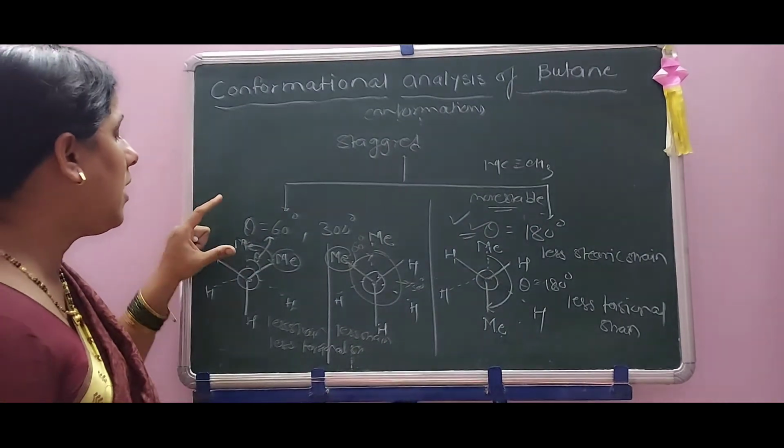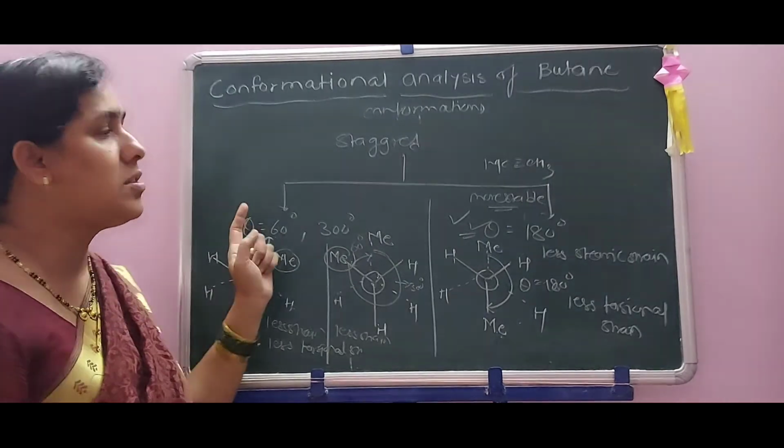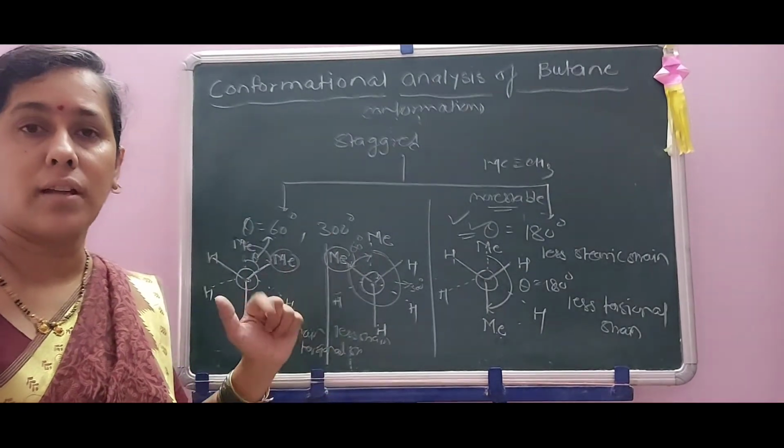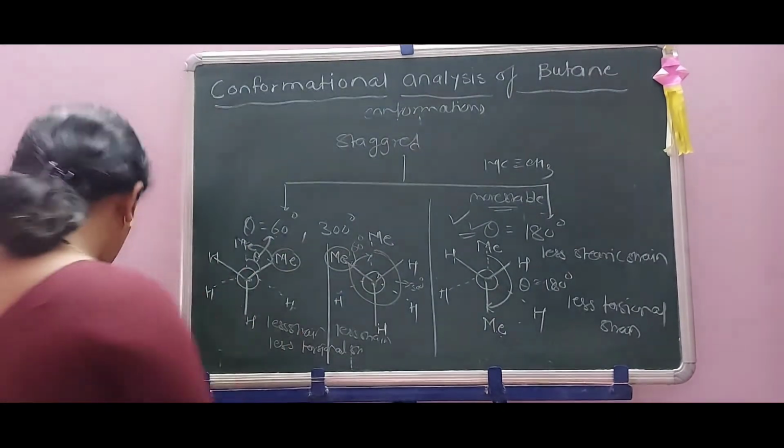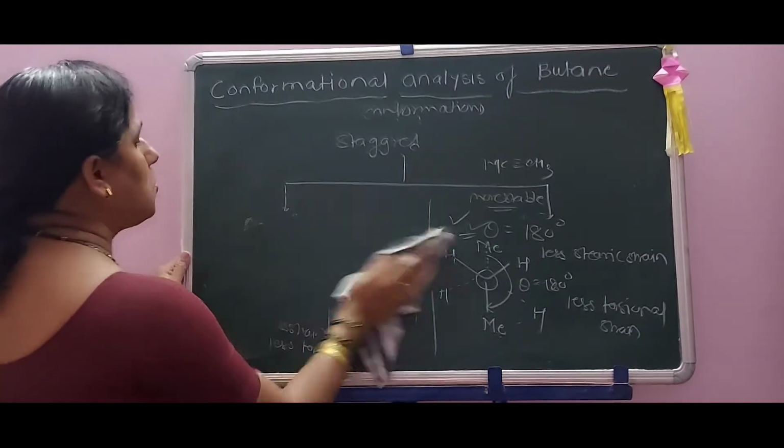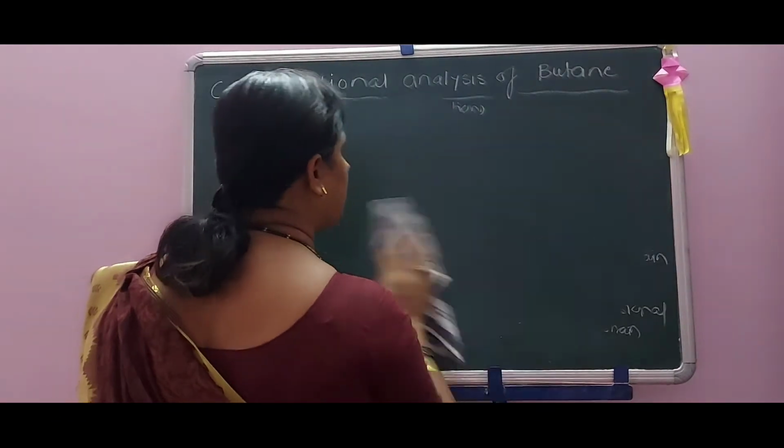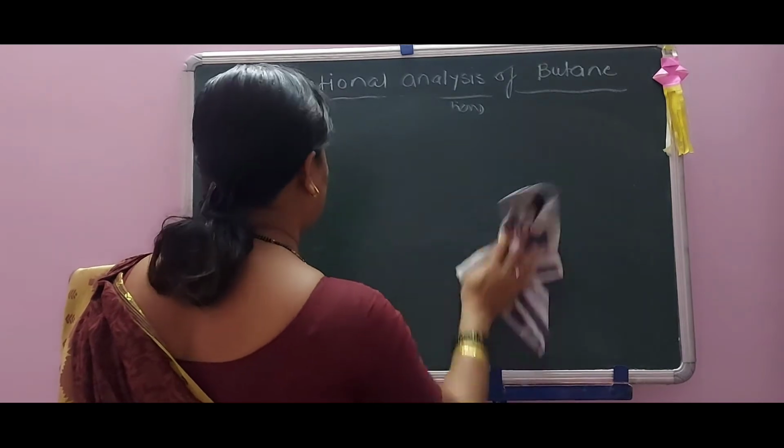Now, what about the structures between 0 and 360 other than these structures? Those structures are called the skew structures.